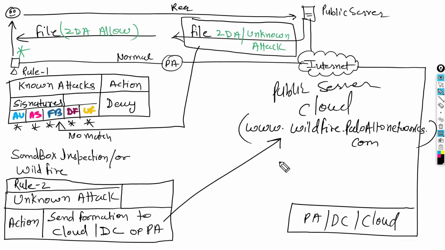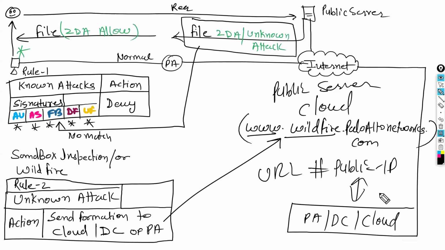So this information will be sent to www.wildfire.paloaltonetworks.com. This name will be resolved to an IP. That IP belongs to a server hosted on the internet and controlled by Palo Alto. Got it? So cloud means simply we will send this file to a URL. That URL has what? A public IP owned by Palo Alto. Clear? Okay.